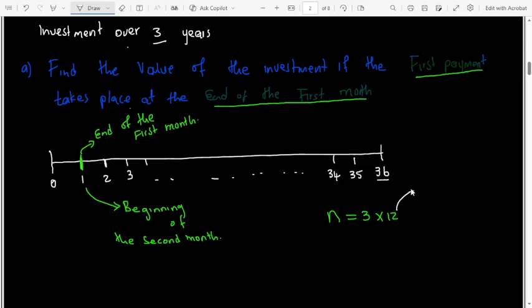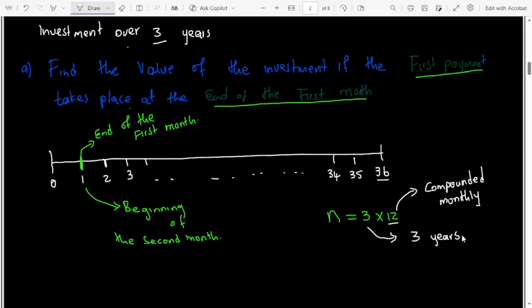So the 3 is the 3 years. I hope you're still with me on that.